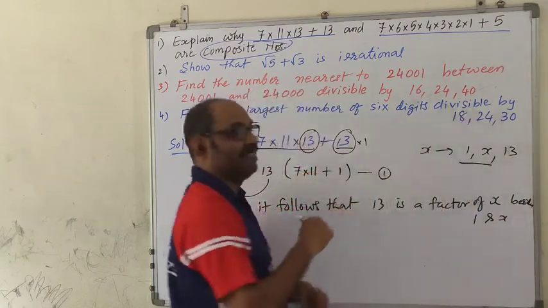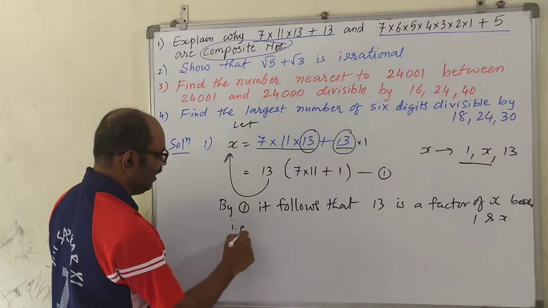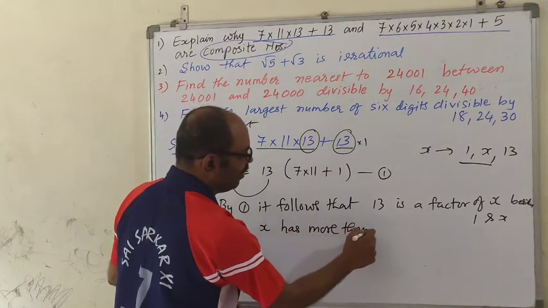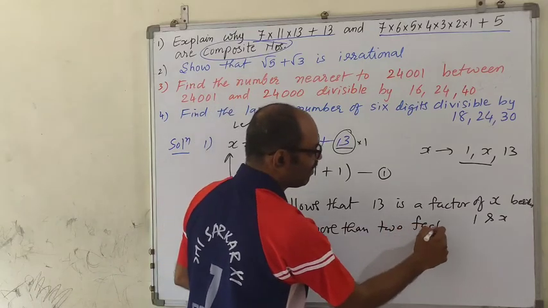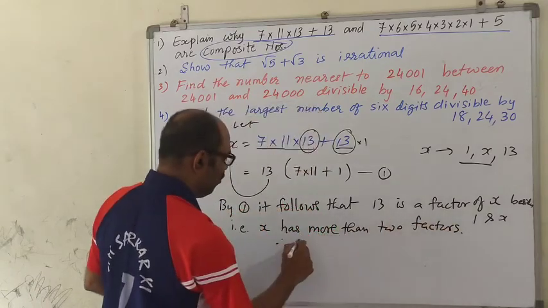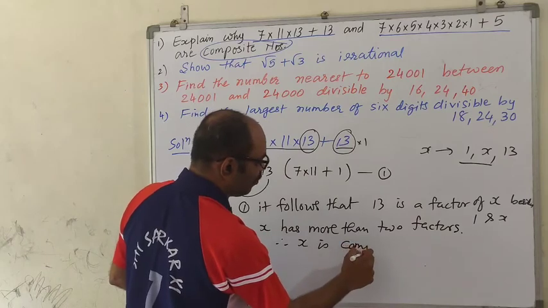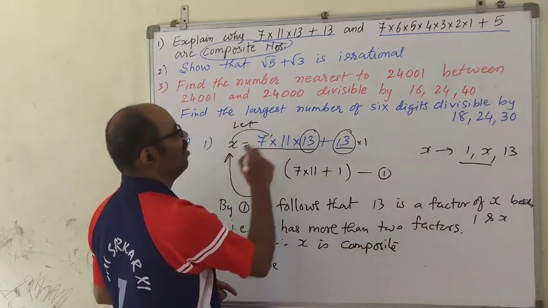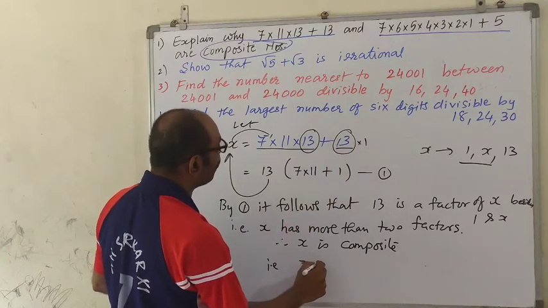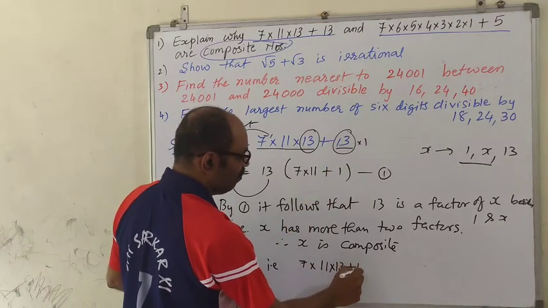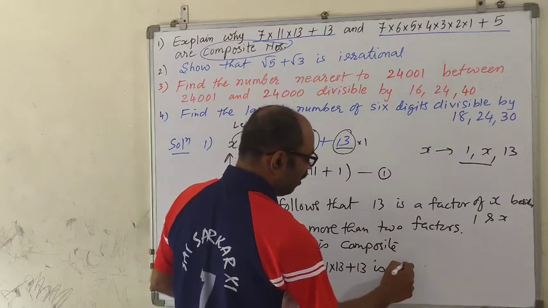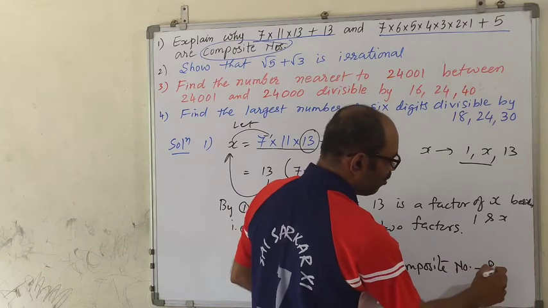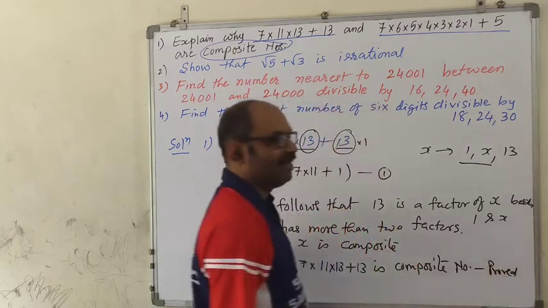Besides 1 and x, 13 is a factor, i.e. x has more than 2 factors. Therefore, x is composite. But what is x? What do you see here? 7 into 11 into 13 plus 13 is a composite number. Proved. Are you getting me?